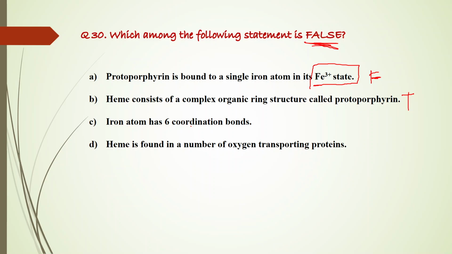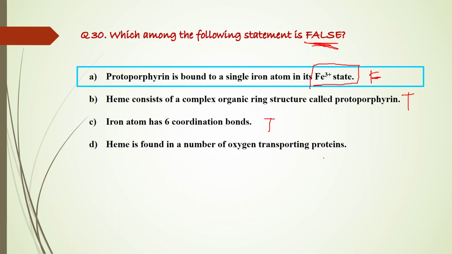Iron atom does have 6 coordinate bonds, so this is also a true statement. Fourth option is, heme is found in a number of oxygen transporting proteins. Yes, it is. So the only false statement is the first one, the Fe3 plus state.